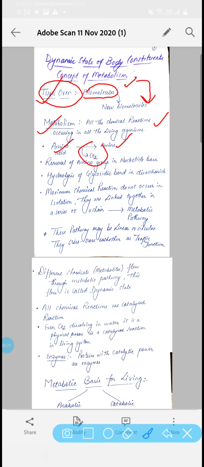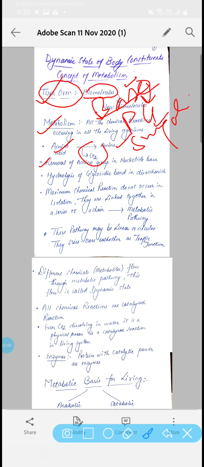Another metabolic reaction is removal of amino group in nucleotide bases. हमने nucleotides में पढ़ा that nucleotides are made up of three components: nitrogenous base, phosphate group and sugar. So when an amino group is removed from the nitrogenous bases, that is again an example of a metabolic reaction.